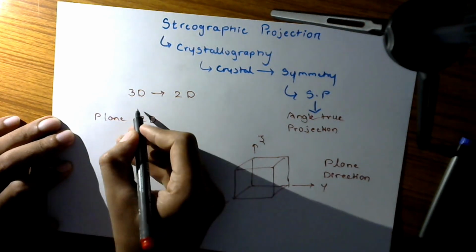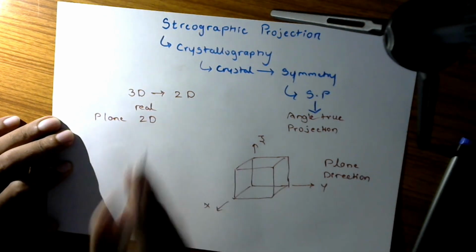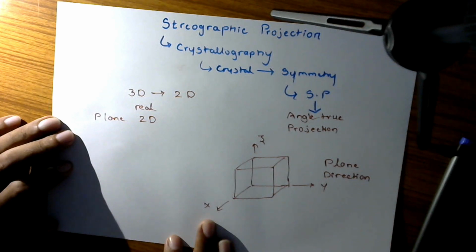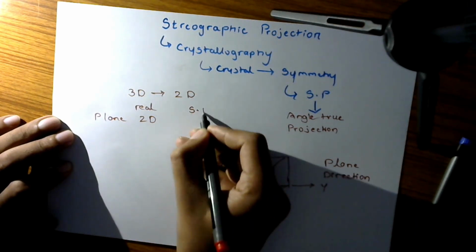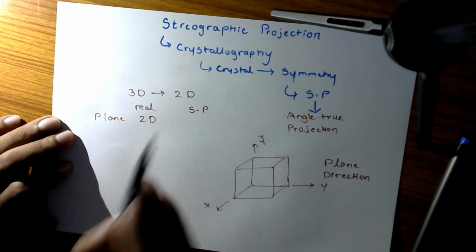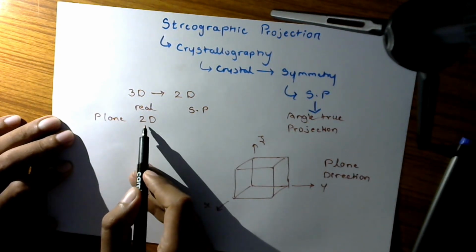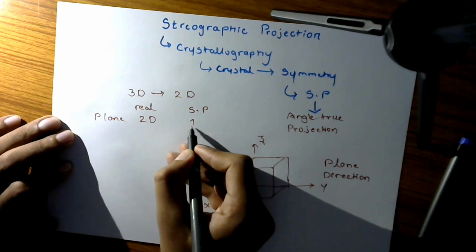So in real space, if I do the stereographic projection of it, the three dimensions are converted to two dimensions, and the two dimensions will convert to one dimension.